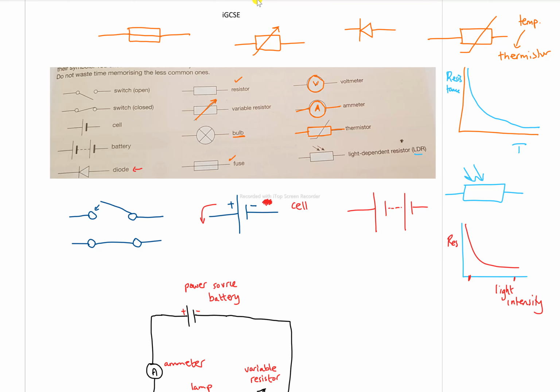When it's light, you have low resistance. So it's a special type of resistor. So this is your first type of special resistor. That's your second type, and then you've got the diodes. It's that one there. And remember, the idea behind that is it only allows charge or electrons to flow or current to flow in one direction. Right, let's just leave it like that for now. We can build on that.